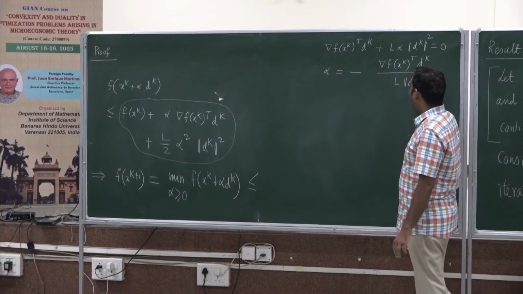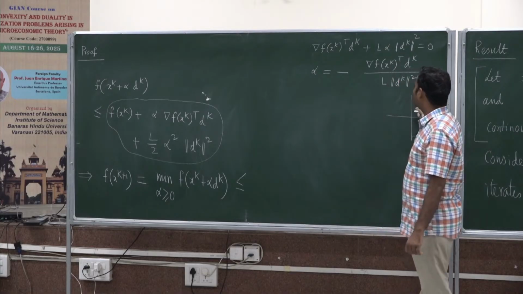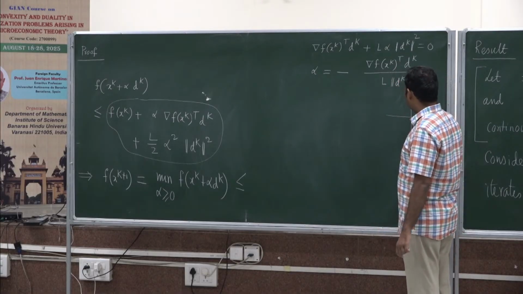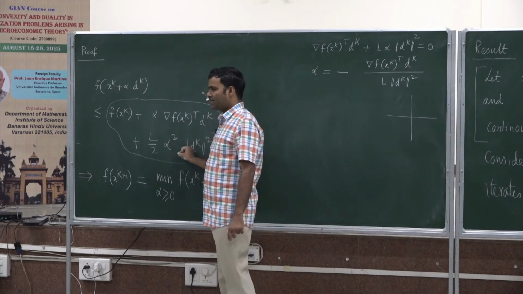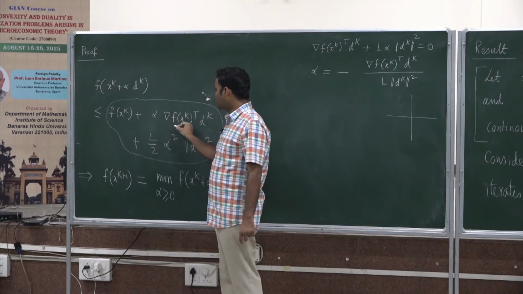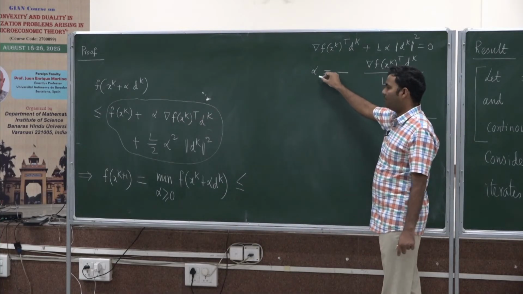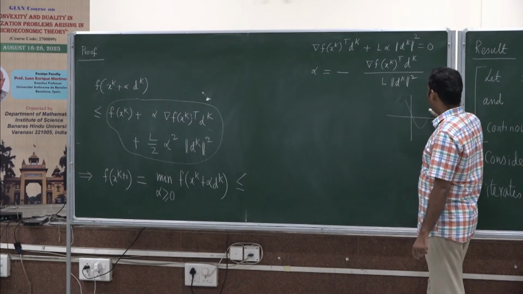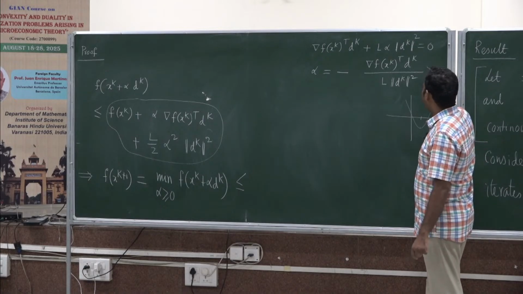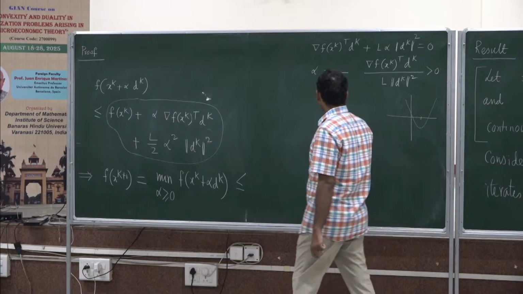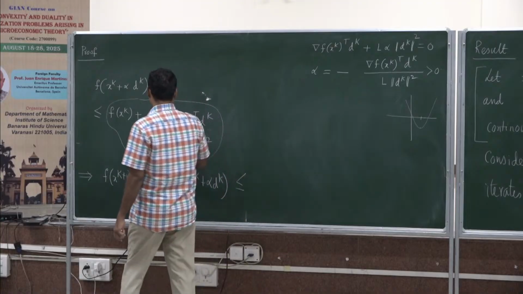It cannot be exactly 0, because this constant is positive and this gradient of f(xk) transpose dk is negative. So the minimizer alpha is strictly positive, fine.